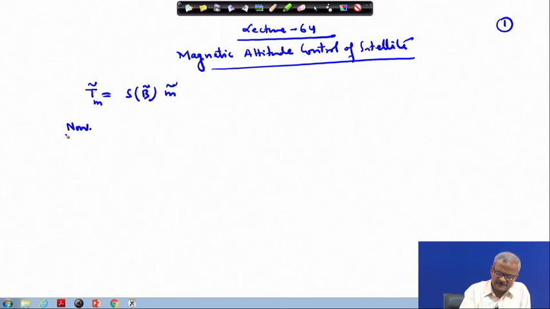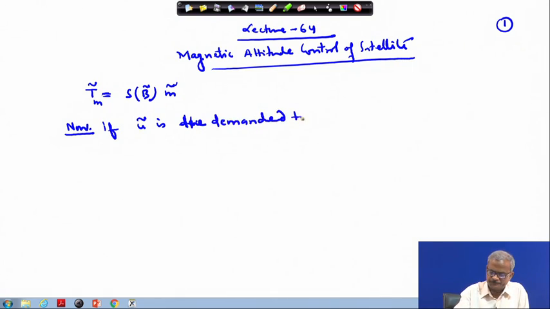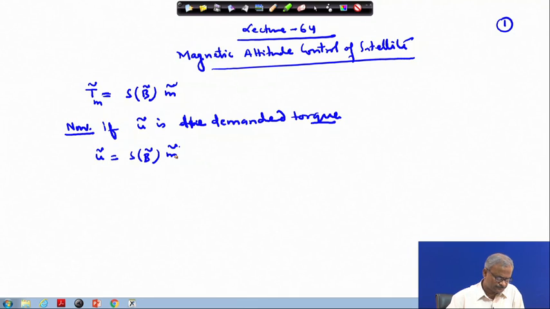Now, as we were discussing, if u tilde is the demanded torque, then we must have u tilde equal to S b tilde times m tilde. Here this is a singular matrix.